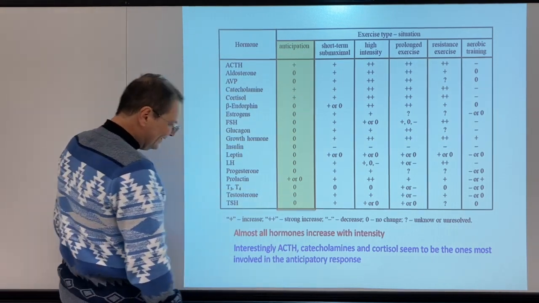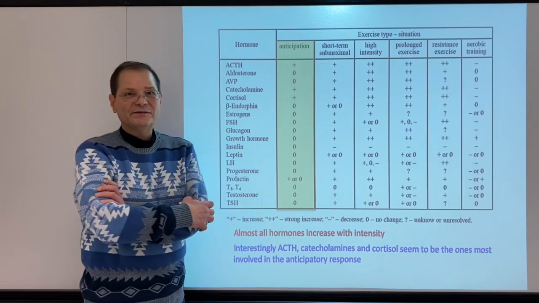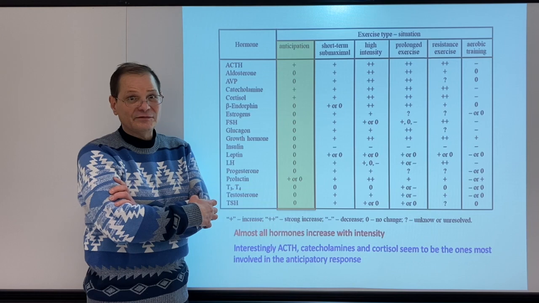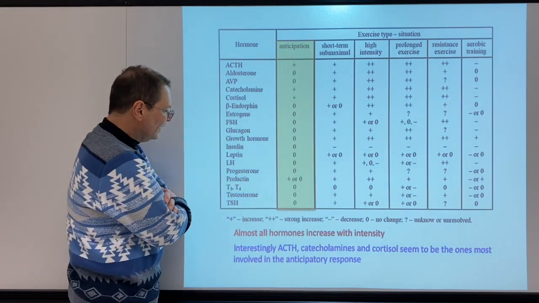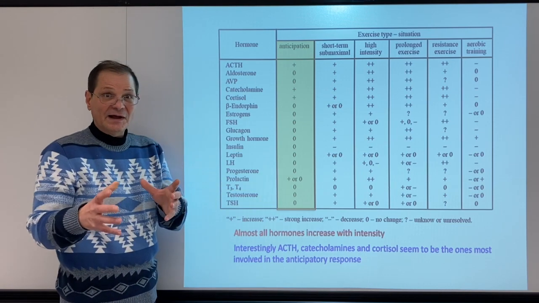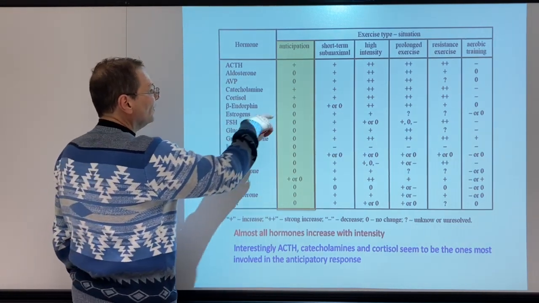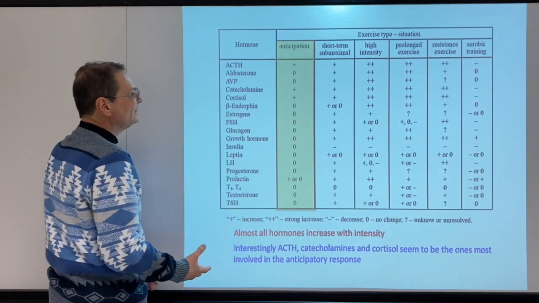The second thing, and this is sort of interesting, is your anticipatory response. Remember, this is the response of your system before you actually start to exercise. Remember from vital fluids, you get a certain amount of vasodilation during this response. Well, 3 hormones have been isolated as being at least partially responsible for this.